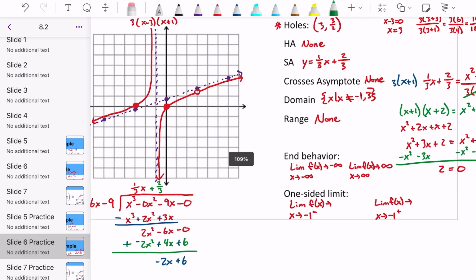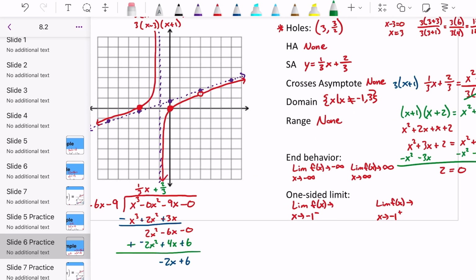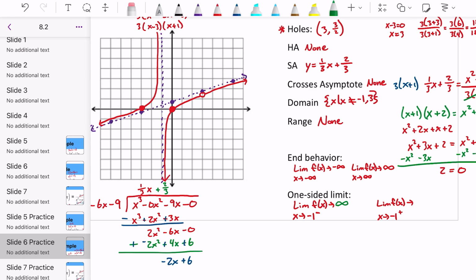As we take a look at our lines, notice -1 from the left side is going towards positive infinity, and -1 from the right side is going downward, which means we are going towards negative infinity.